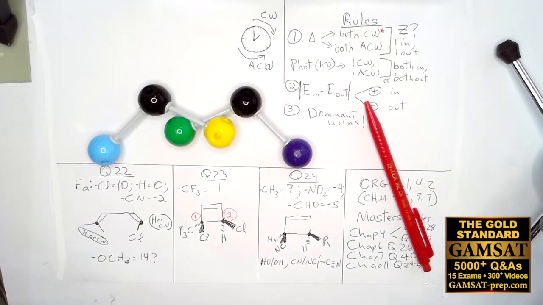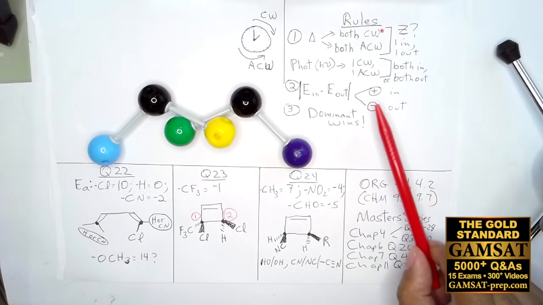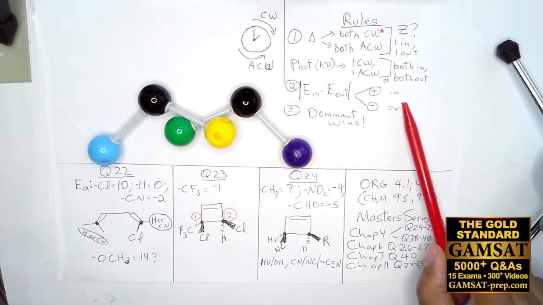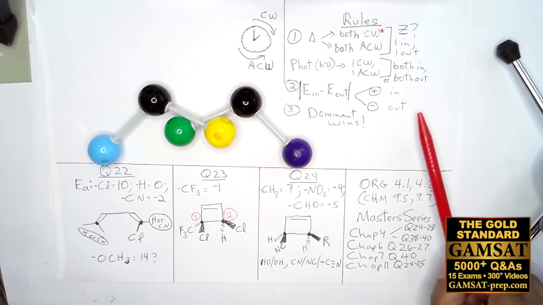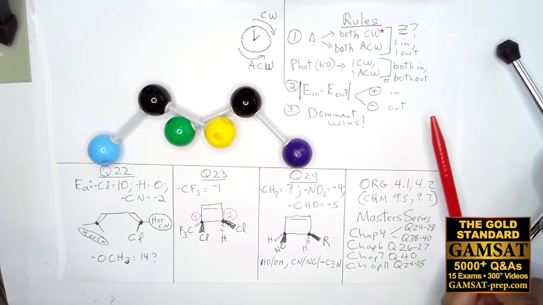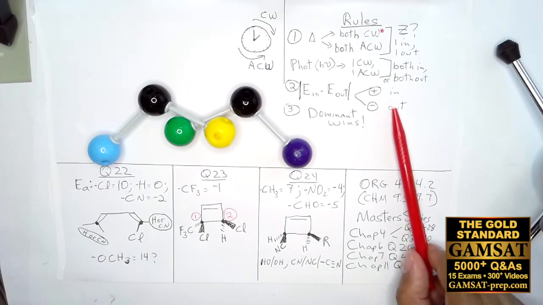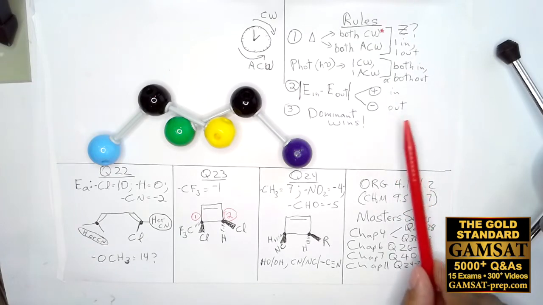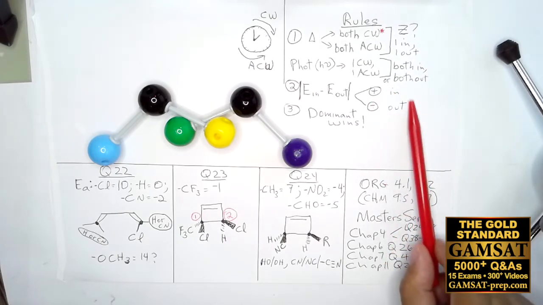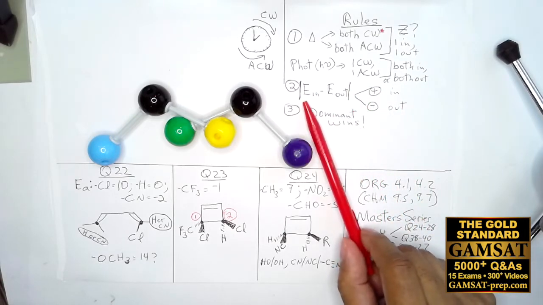Idea number 1 is the simple one: if the value is positive in the table provided in the passage for the activation energy of the end group, then there is a preference for in rotation, and if the value is negative, then for out rotation. So those are the values from the table and have nothing to do with the absolute value.